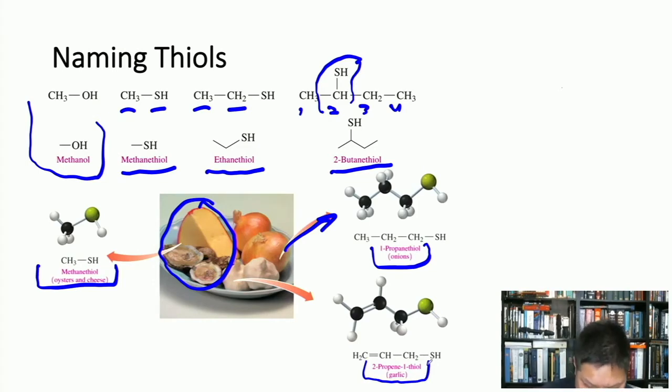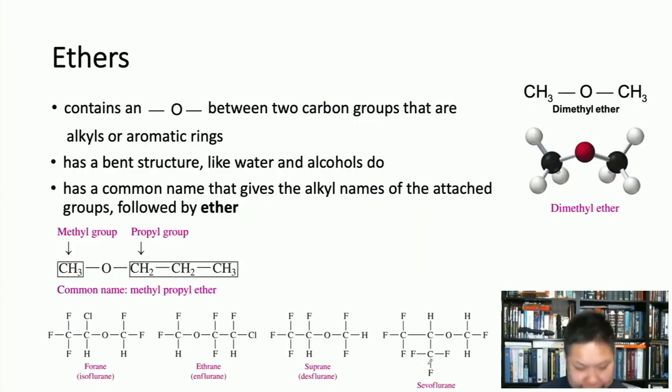Next, we'll talk about some ethers. Again, an ether is an oxygen connected in between by single bonds to 2 carbon groups, right? They're either alkyls or aromatic rings, right?